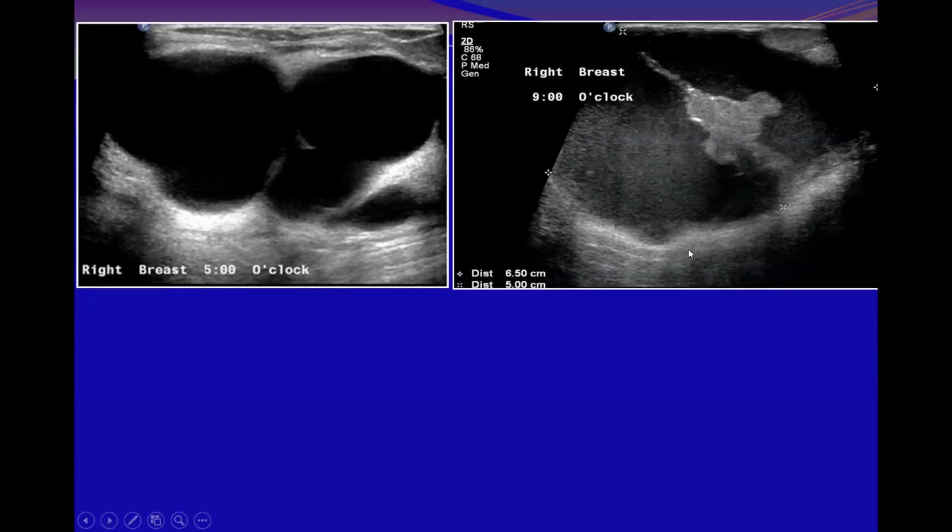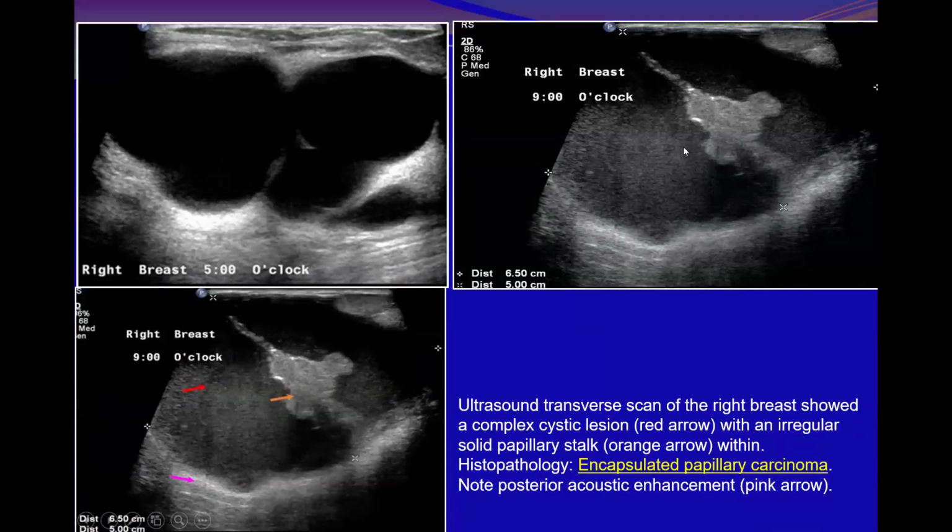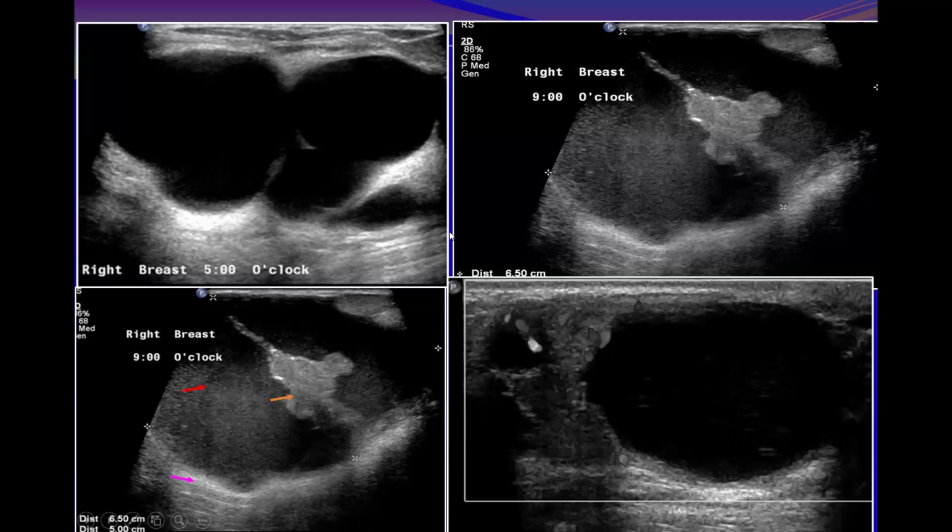Both have posterior enhancement since there is a cystic component, but the difference is in the septum. This is a thin septum. The septum here is definitely more than 5 millimeters, and it is nodular. So this is a case of encapsulated papillary carcinoma, and this is just a simple cyst.